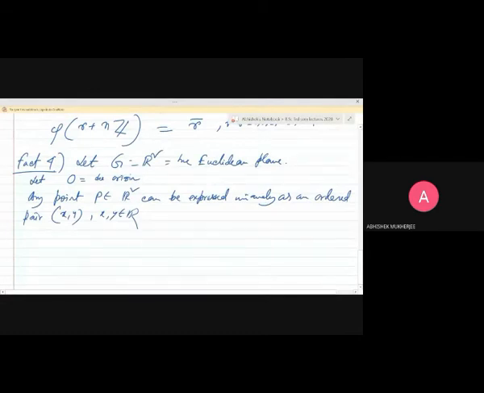It is known to you that we can set up a coordinate system on R2 with respect to which, if we let O be the origin, you can express any point by an ordered pair (x, y). Okay, fine.